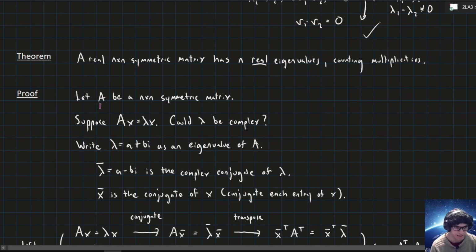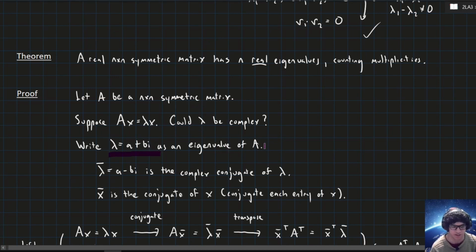If we let A be an n by n symmetric matrix, and then we write the eigenvector equation, Ax equals lambda x, we ask, could lambda be a complex number? Let's just assume it is a complex number. Let's assume lambda has the form a plus bi.